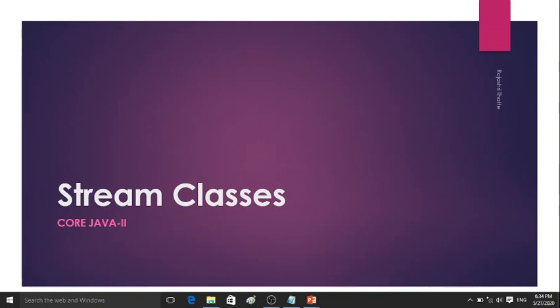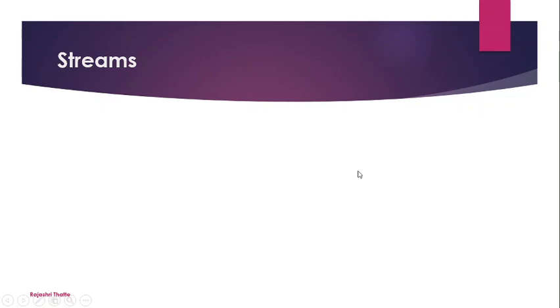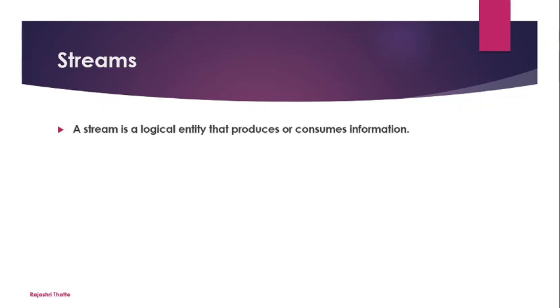Today we will see stream classes. So what are the stream classes basically? Streams are nothing but, see, when we need to write a program in Java, definitely we need to take some input for our program.